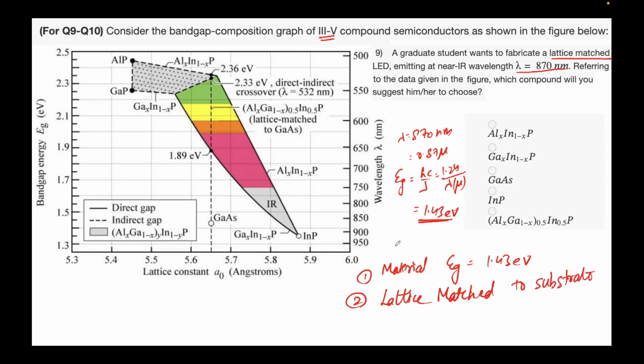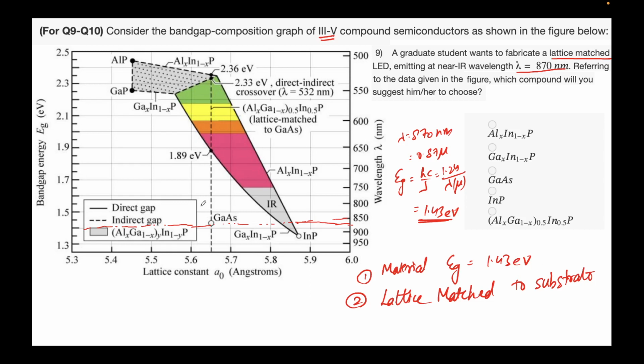So let's first try to find out where 1.43 eV is. So this is 1.43 eV, so over here, it's this line. Alright, and we see one material which, since the value is 870 nanometers, falls on this line: gallium arsenide. Gallium arsenide we know has a bandgap of 1.42, which is very close to 1.43.